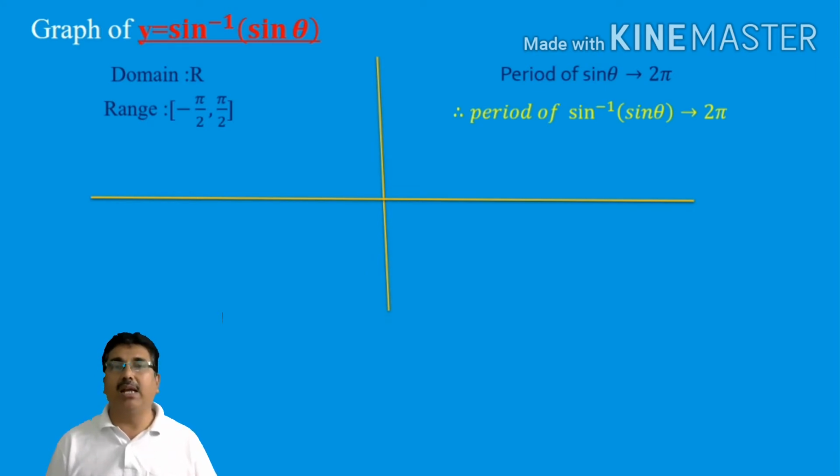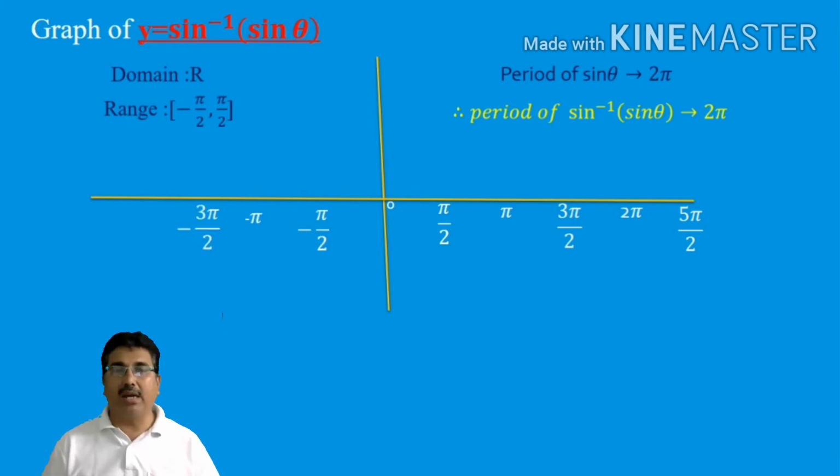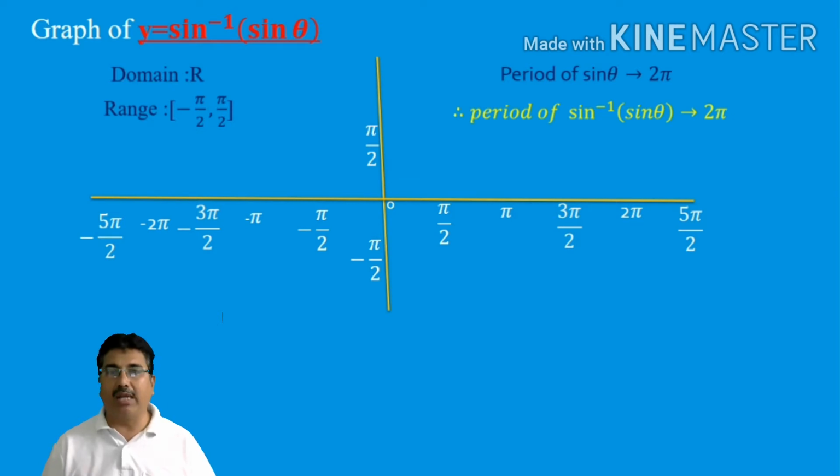Therefore, the period of sine inverse of sine theta is also 2 pi. Now, draw the graph of this function for an interval of length 2 pi. Then the same shape repeats in every interval of length 2 pi.